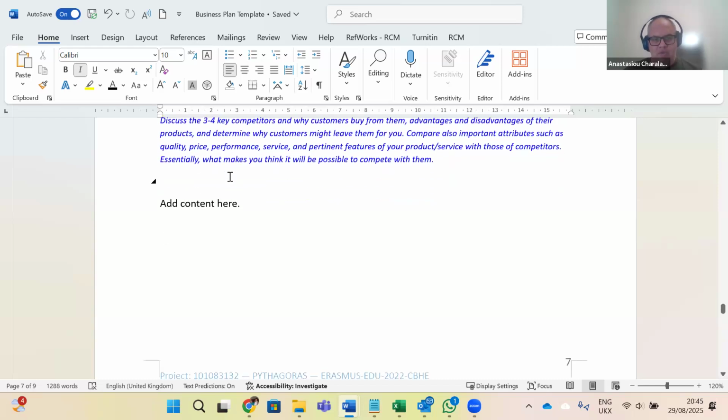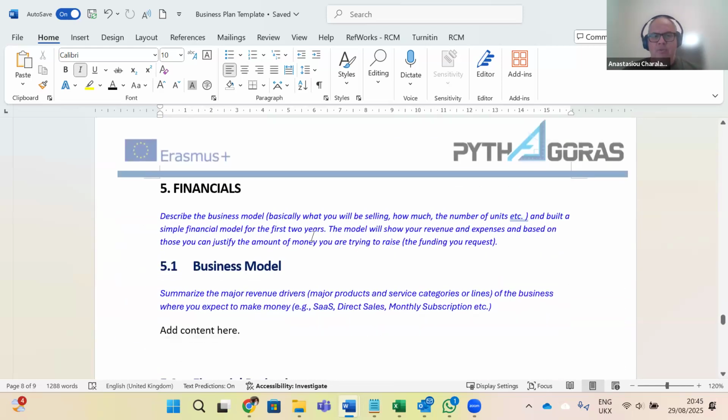Okay. So this is section 4.5. Section 5 is the financials. Okay. I have to emphasize a couple of things here. The first one is to understand the revenue drivers. What would you be selling? How would you be selling it? Is it going to be monthly subscriptions? Is it going to be direct sales?